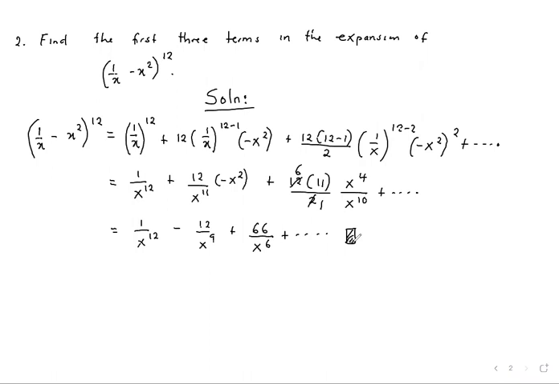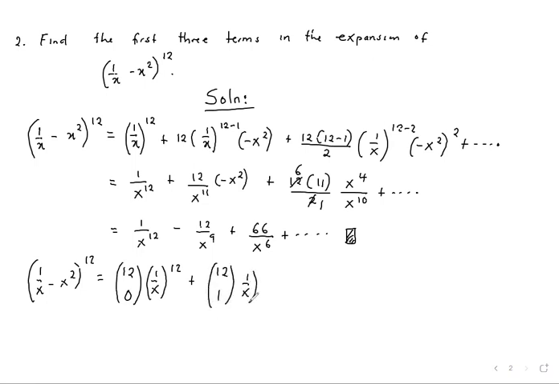Now, if somebody decided to use the n choose 0, so you have 12 choose 0, 1 over x power 12. You have 12 choose 1, 1 over x to the power 12 minus 1, negative x squared, 12 choose 2, 1 over x to the power 12 minus 2, negative x squared.